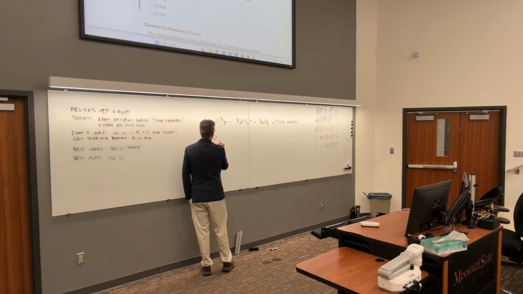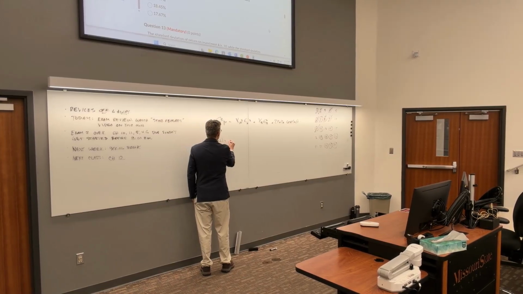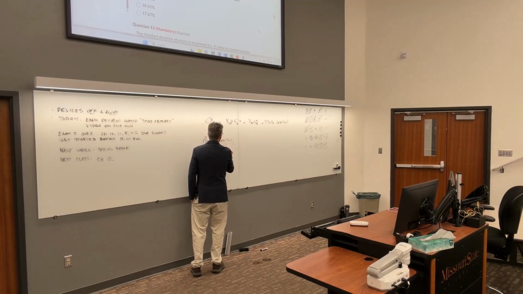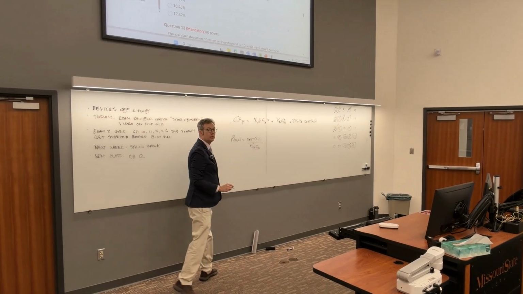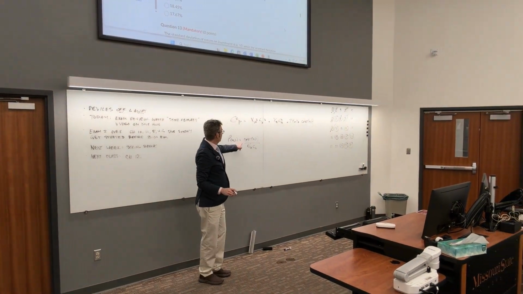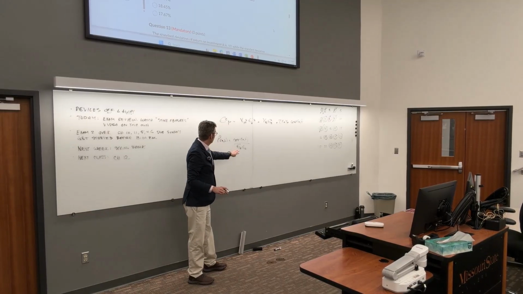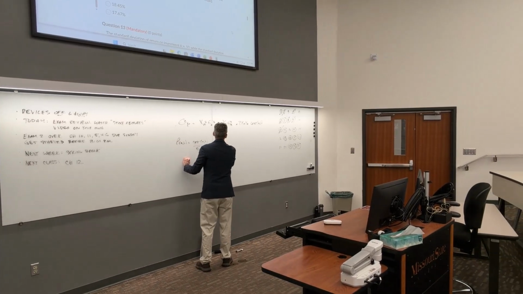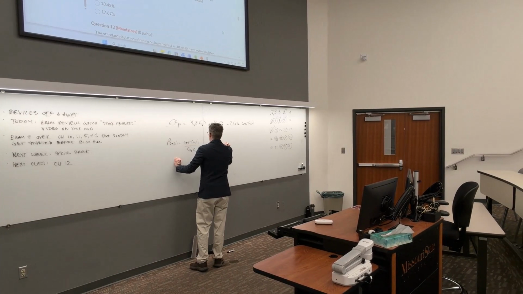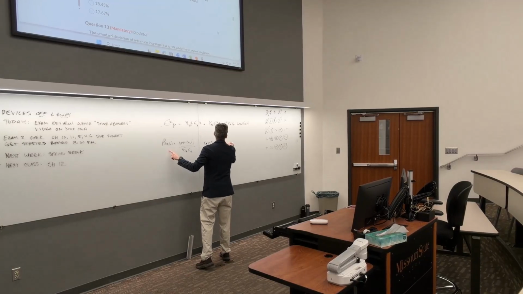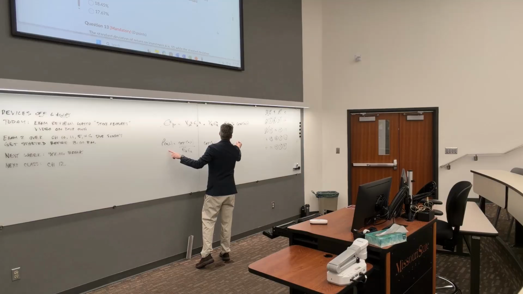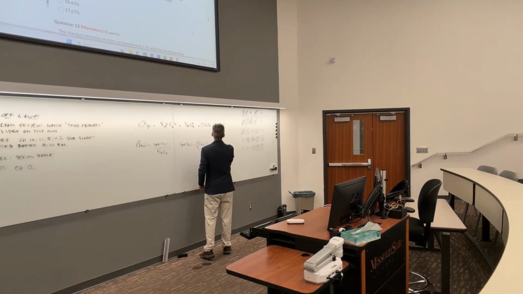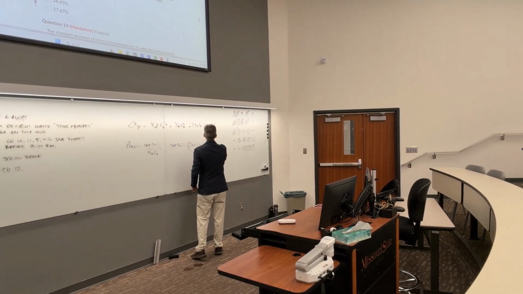And if you remember, the correlation of A with B is equal to the covariance of A with B divided by standard deviation of A, standard deviation of B. So to get covariance by itself, so I can substitute for that, I'm going to multiply both sides by standard deviation of A, standard deviation of B. And so then I get that covariance of A with B is equal to the correlation of A with B times the standard deviation of A times the standard deviation of B. And so we're going to take this piece right here and we're going to substitute it in right there.